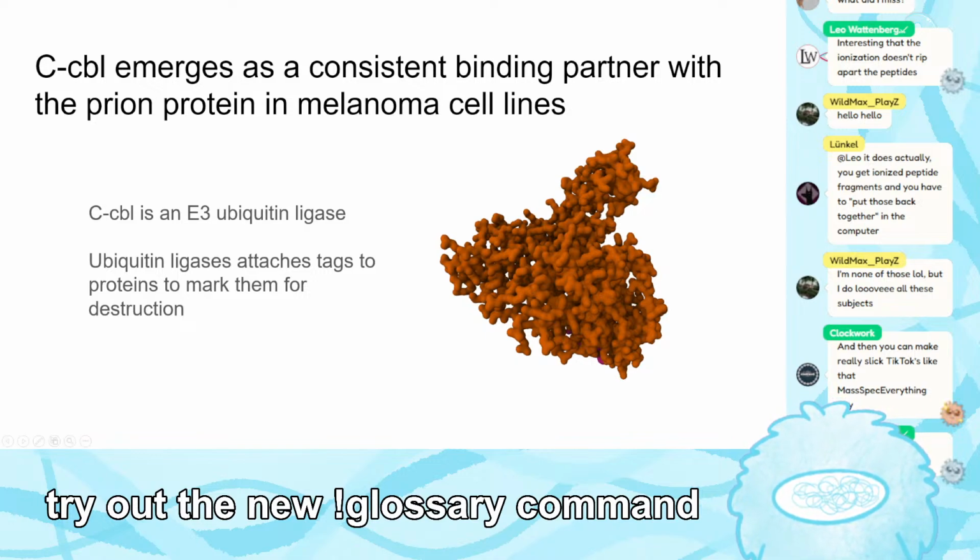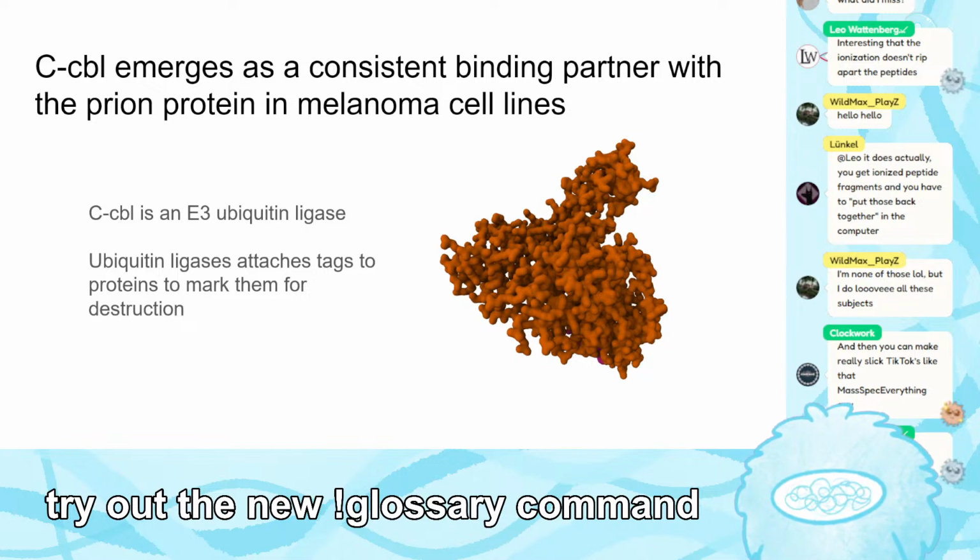So what is this protein? CBL1 is an E3 ubiquitin ligase. I've actually talked about E3 ubiquitin ligases before. I don't remember in what context, but I've definitely talked about them. I think in the context of Ebola. These are enzymes that attach a ubiquitin tag to proteins to mark them for destruction.